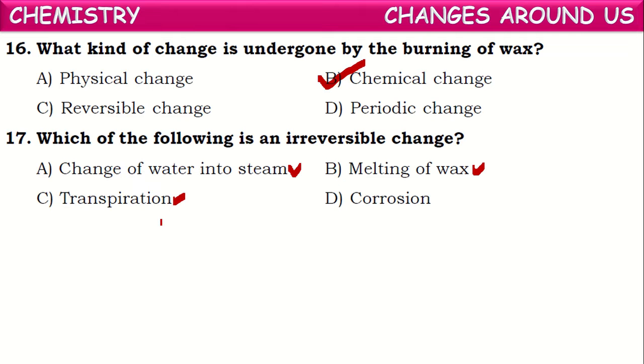From this iron oxide, we cannot get back the iron. So this rusting of iron or corrosion of metals is one of the irreversible changes. Reverse of this reaction does not occur. So it is an irreversible change. Okay, next one.